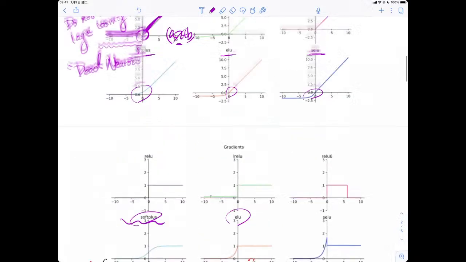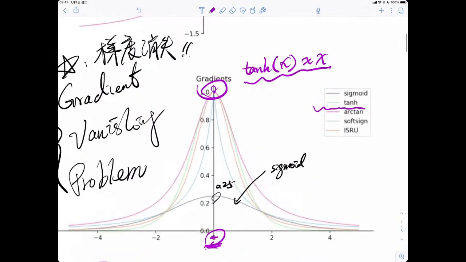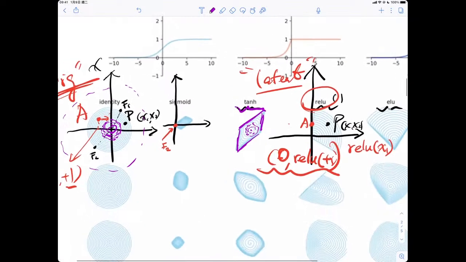That is because, as we mentioned before, the gradient of hyperbolic tangent has such a property. If you are very close to 0, your input and your output will be very similar, which means in this figure, it's right here.